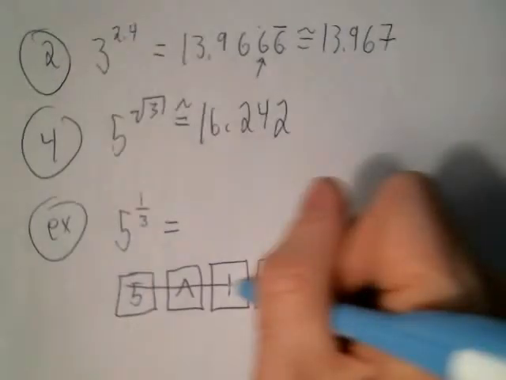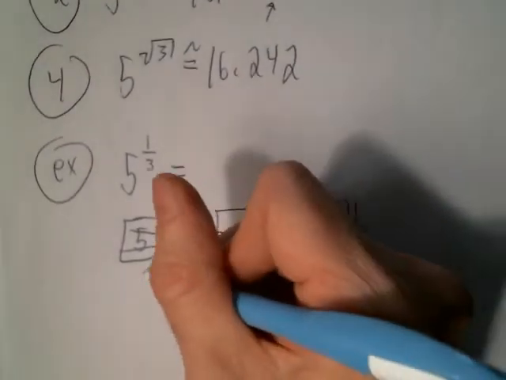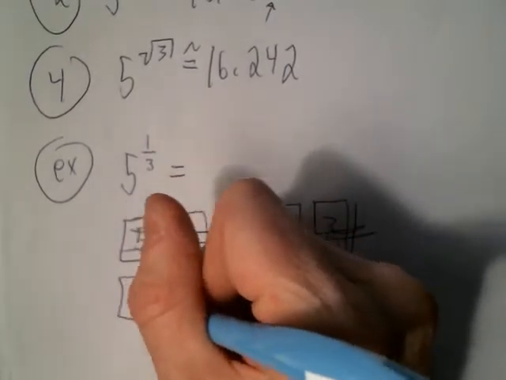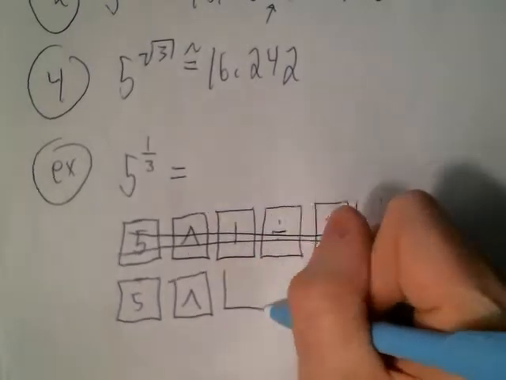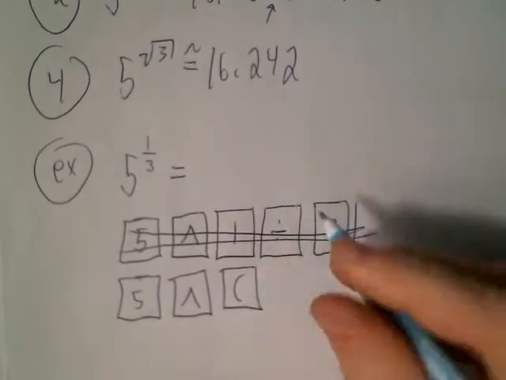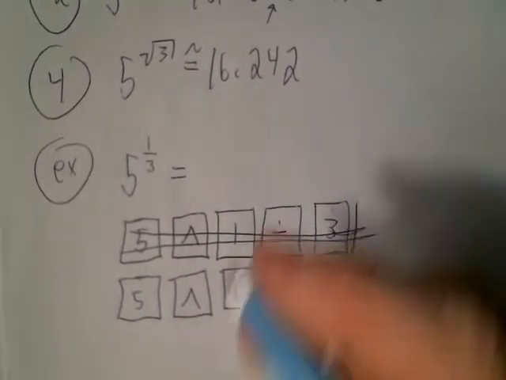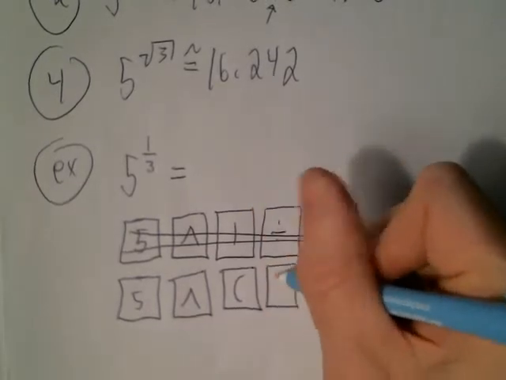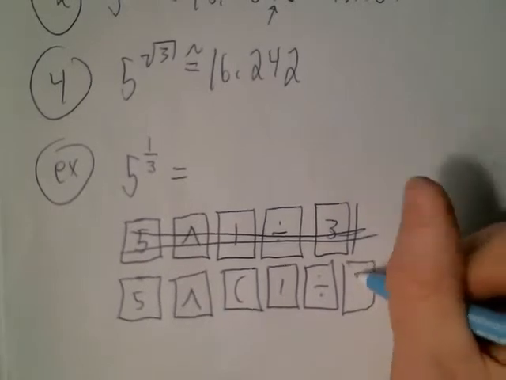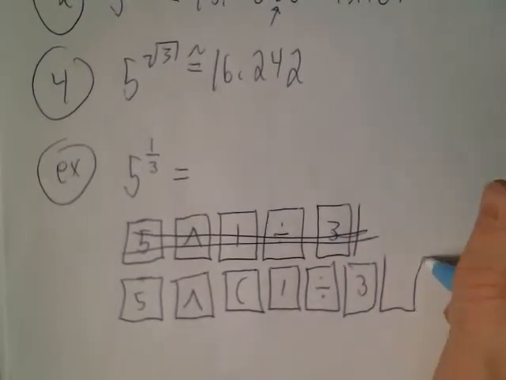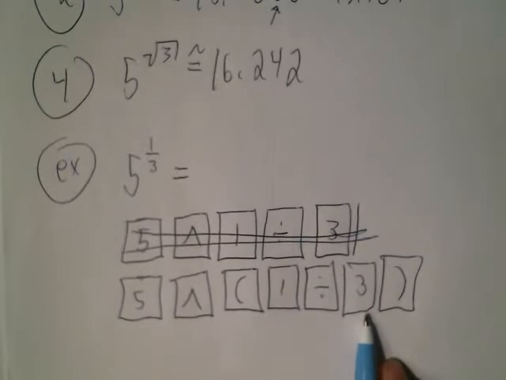Oh, I forgot my parentheses. Okay, so I type 5, and then the exponent key, and then my parentheses. That tells the calculator this is where my exponent starts. Then you go 1, divided by, 3, and then you end the parentheses. That tells the calculator where your exponent ends.